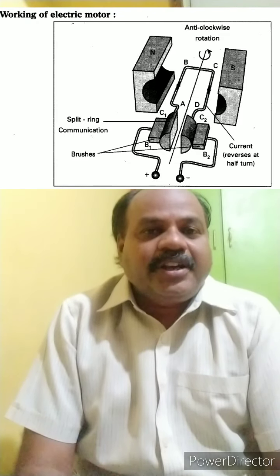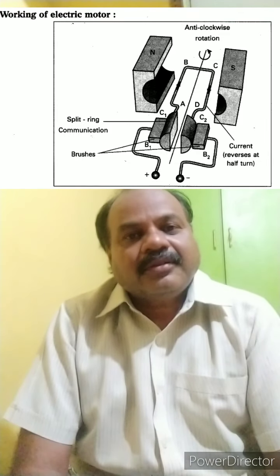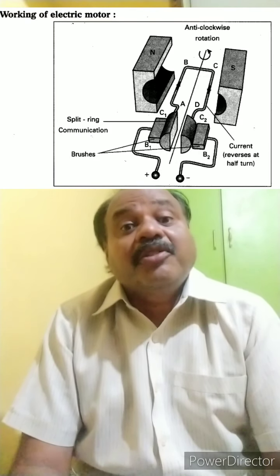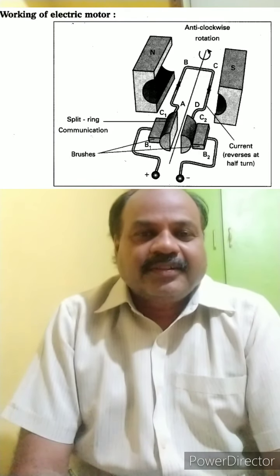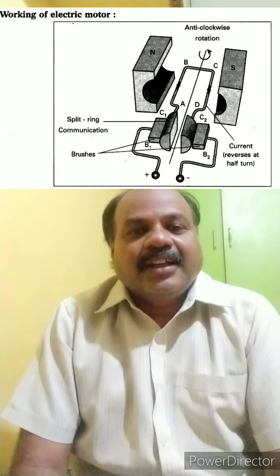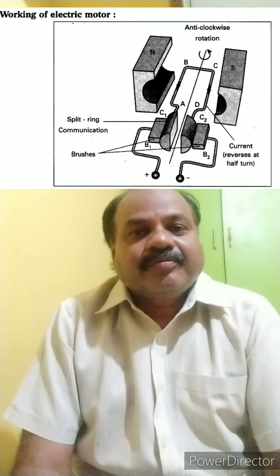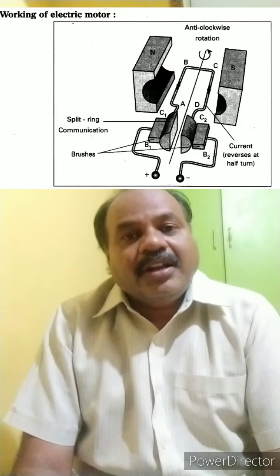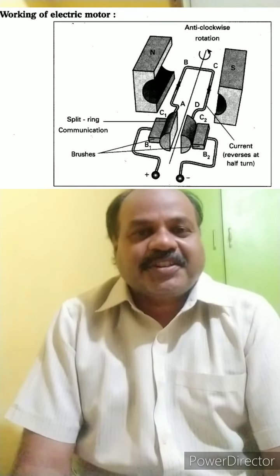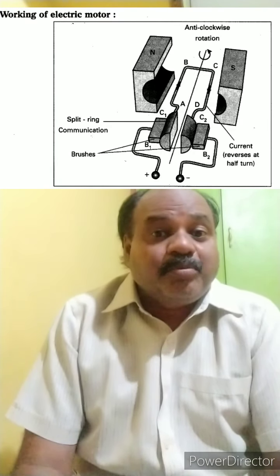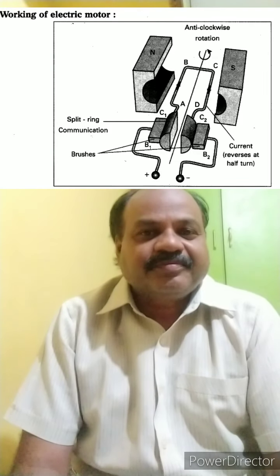Now this arrangement is kept between 2 magnetic poles which are in concave shape, N and S. The ends of the armature are connected to C1, C2 slip rings. Now take B1, B2 carbon brushes.